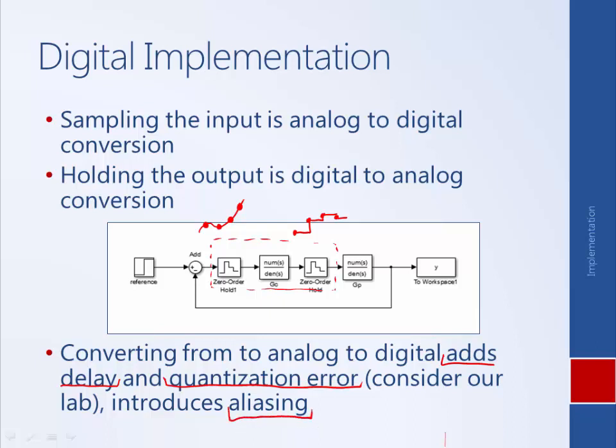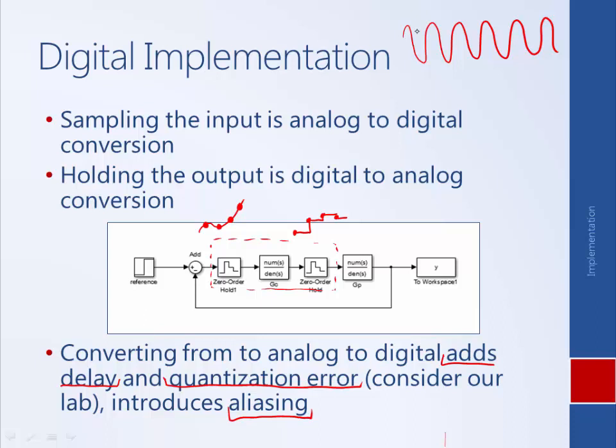And when we do this sampling, we also need to be a little bit careful about the introduction of aliasing. So you could imagine that if we're sampling a periodic signal of a high frequency, for example, we have something that's vibrating, a drive line that's oscillating or something, a suspension that's oscillating.